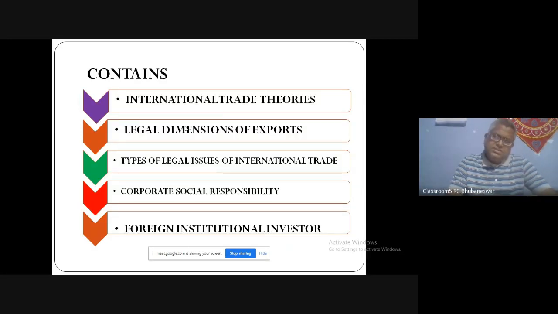My dear students, before going through these topics in detail one by one, I have pointed out some of the main points which I already discussed in the last class. I have covered that the WTO has classified the countries in different ways: developed countries, developing countries, underdeveloped countries, or you may call them low income countries, lower middle income countries, upper middle income countries, and higher income countries.